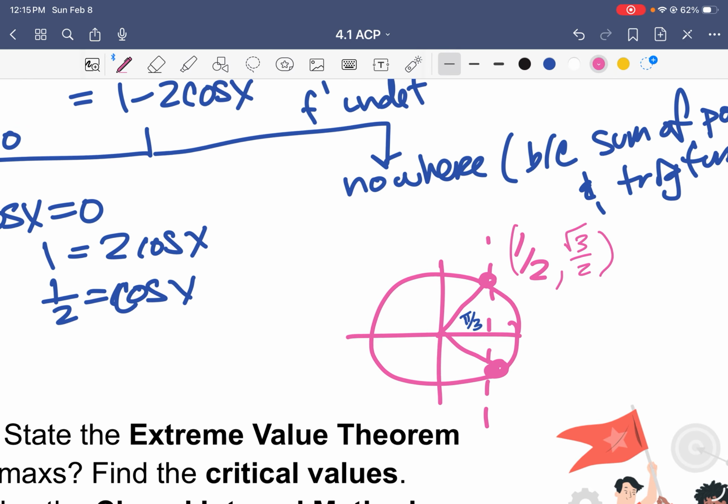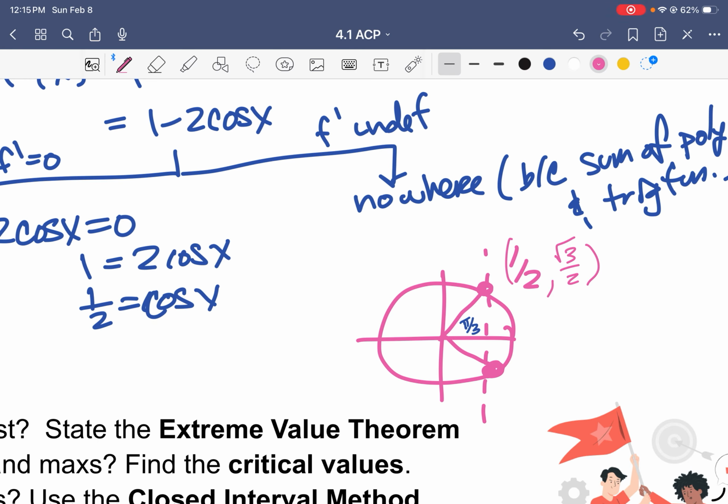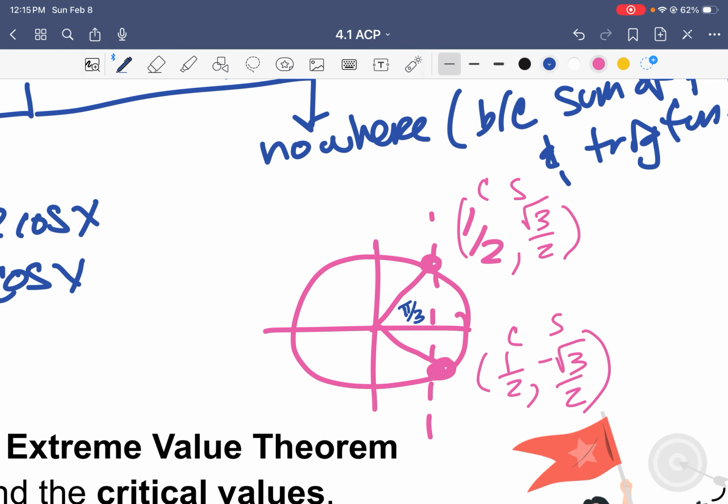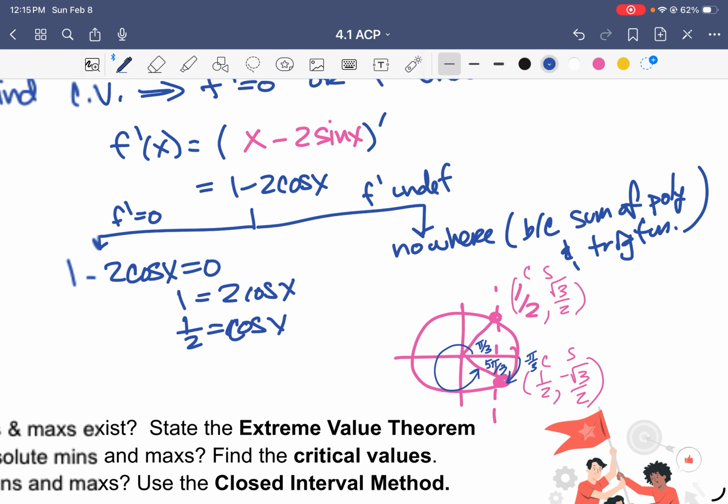That means there's a point very similar to it in the fourth quadrant where x is 1/2 and the y-coordinate is negative square root of 3 over 2. So that's my cosine, sine in that quadrant. So if I want all the places where my x is 1/2, it's going to be pi over 3, or if we went back, negative pi over 3, but that would be the same as 5 pi over 3 if we went around and stopped.